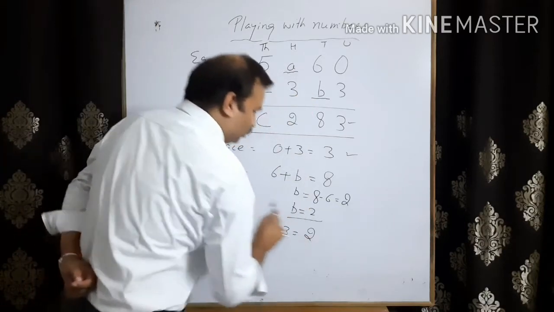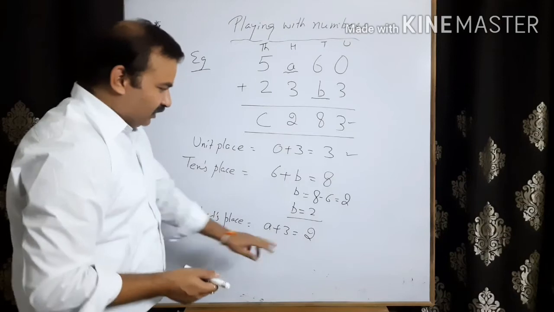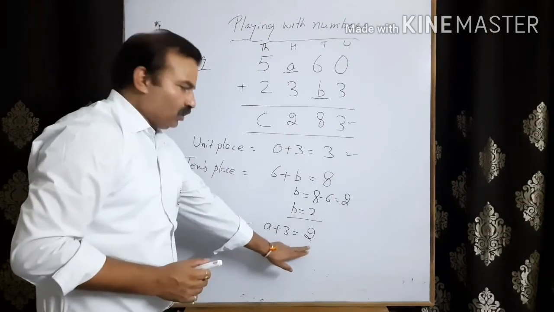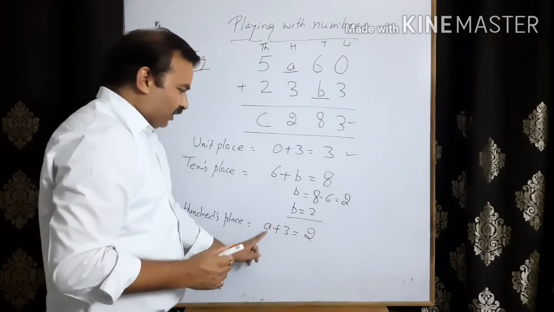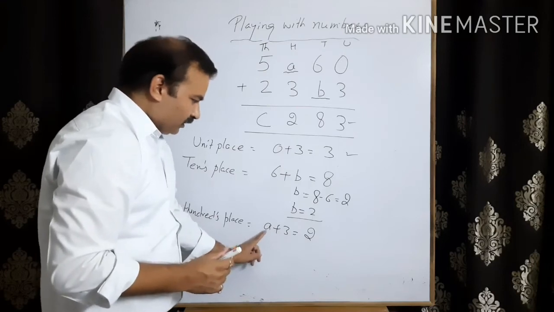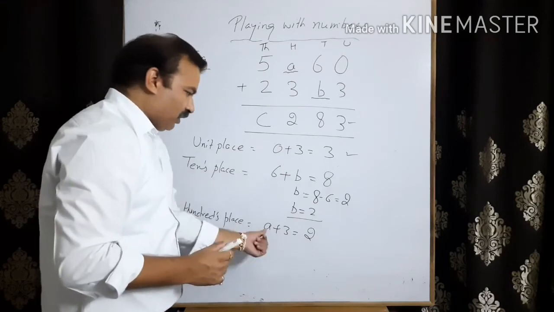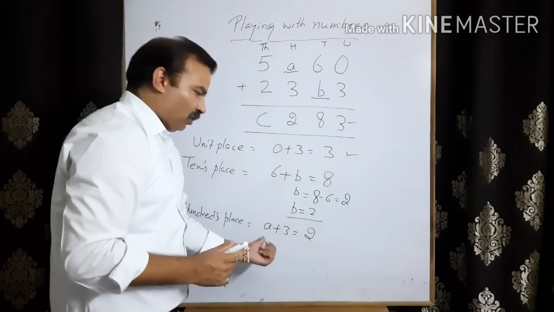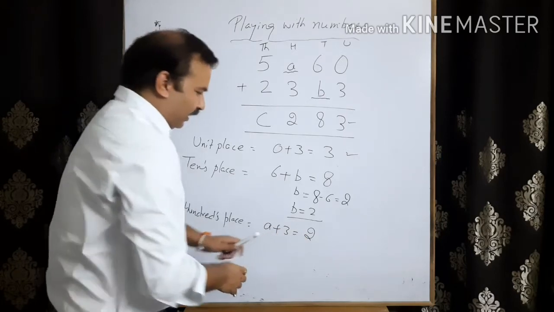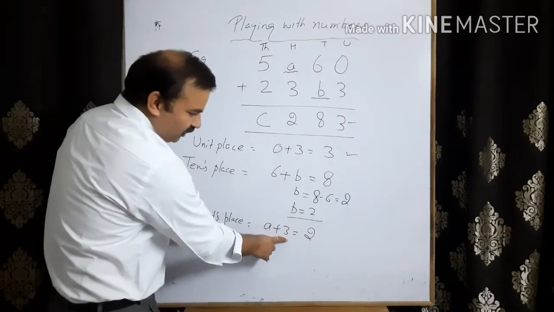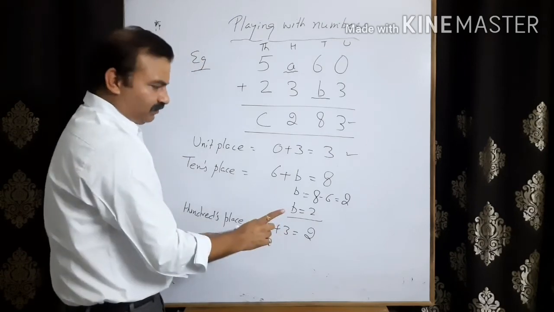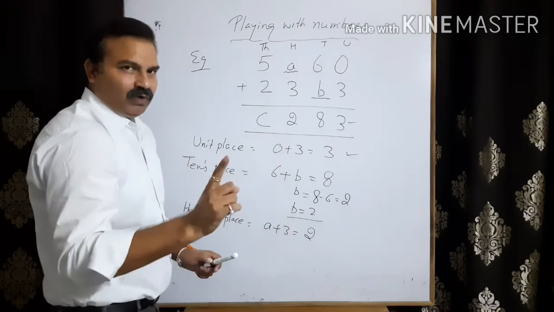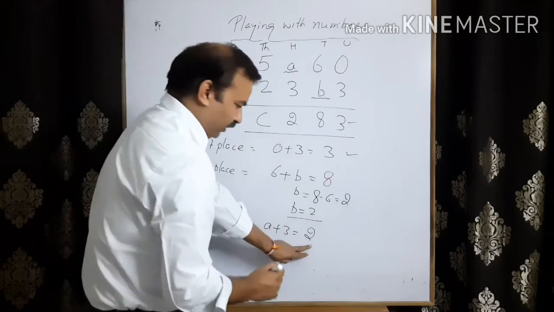A plus 3 is 2. Now 3 is already bigger than 2, so what to be added? If we add 1, 3 plus 1 is 4. No, that's wrong. Then 2, 3 plus 2 is 5. No, wrong. So like this we keep on adding, and we know that the number to add to 3 is 9. 9 plus 3 will become 12, so we get 2 here.